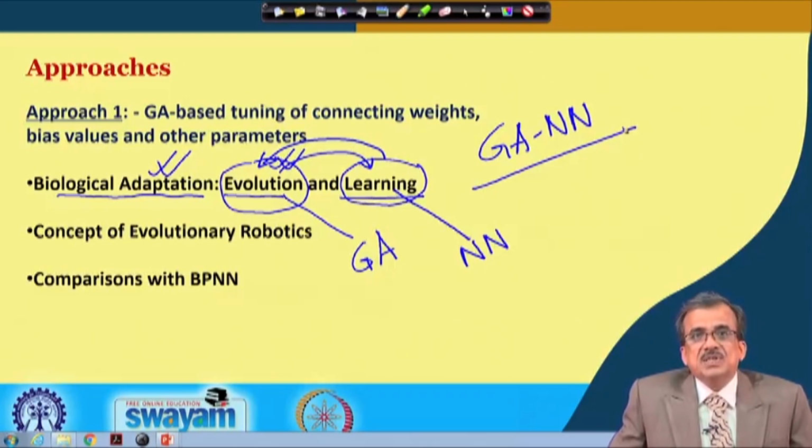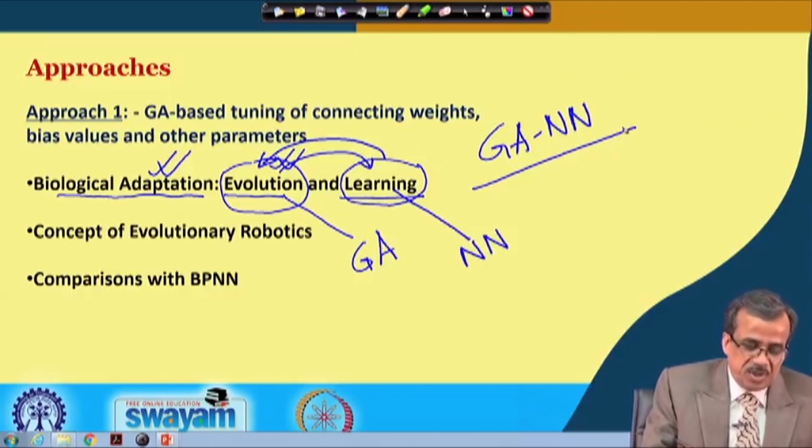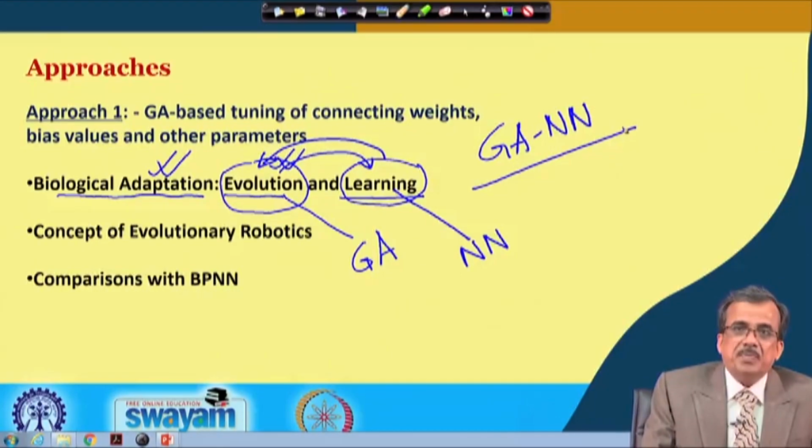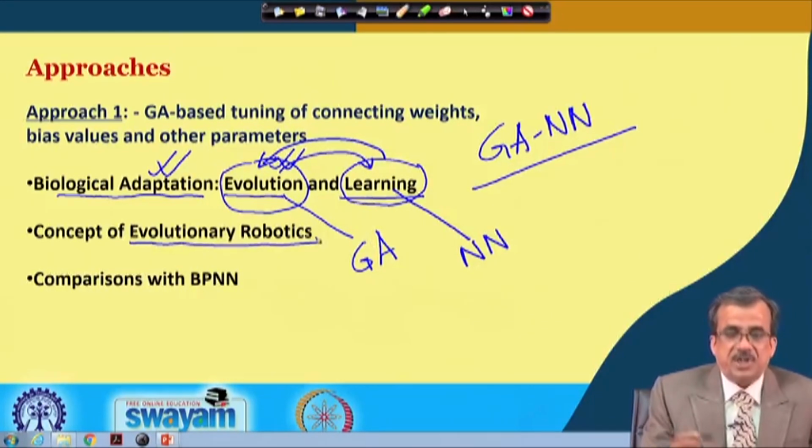Now, there are many applications of this genetic neural system. For example, in the field of robotics, there are many applications, like how to evolve the adaptive controller for an intelligent robot, or how to evolve an adaptive controller for a particular motor used in robots. The principle of evolution has been used in robotics, based on the principle of genetic neural system, and a new field of robotic research has started, known as evolutionary robotics.